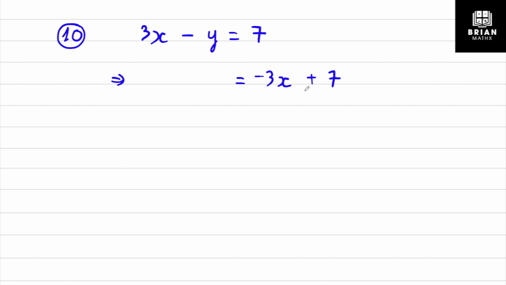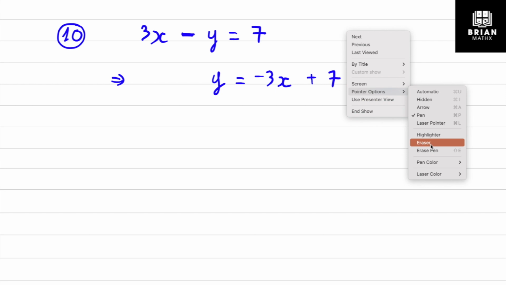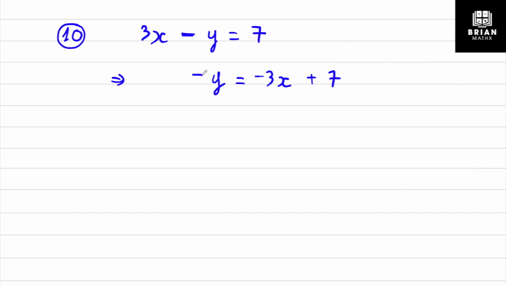But my question is, what is y? Will you write y or -y? The right answer is -y, because in the original equation you have a negative here, so the negative is on the side of y. This one is the wrong answer, but this one is the right answer. Write down the negative in here.